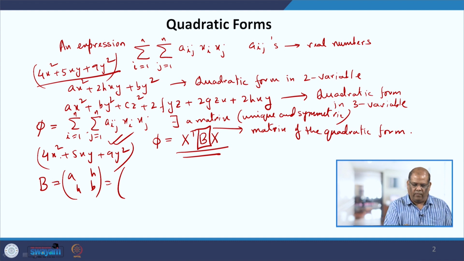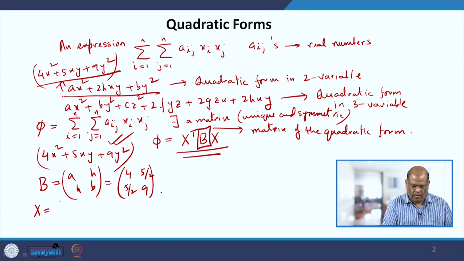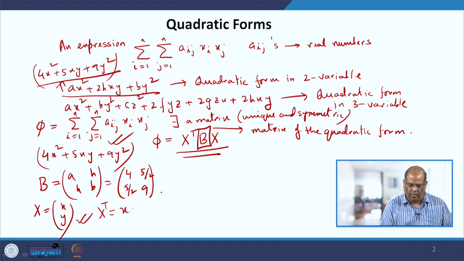If I compare it with this one, I will get a as 4, b as 9 and h as 5 by 2, where my x is the vector (x, y). Generally, it is customary to write the vector as a column. So, this is my x and my x transpose will be the row (x, y).